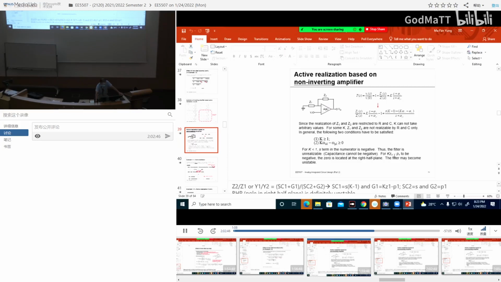You cannot realize the filter because there's no way of getting a negative capacitance. Sometimes in the mathematics you can get a negative C value. If you choose K less than 1 and solve this, you will get a negative C value. Mathematically it's possible, but you cannot implement it because you cannot find a negative capacitance. Or if you do, you get the Nobel Prize.